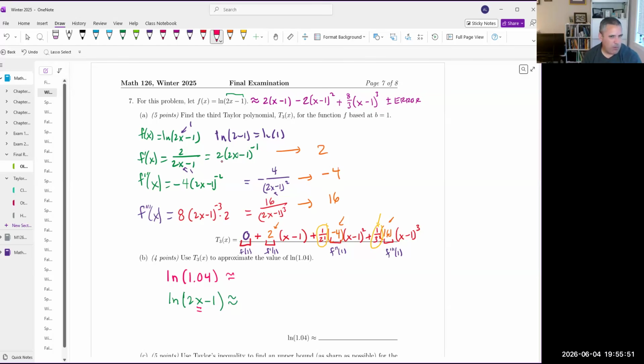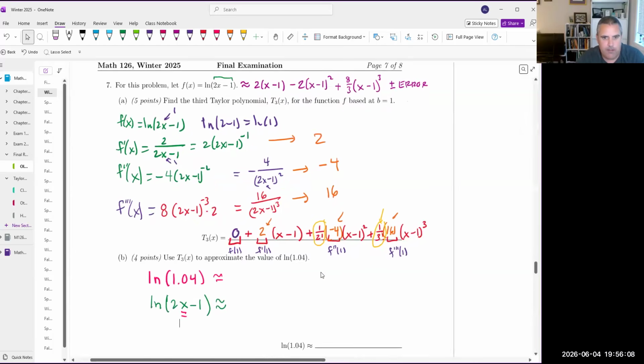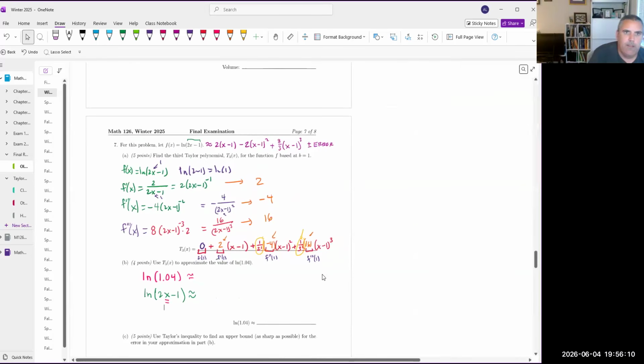I don't know that I was teaching that quarter, but I've seen exams like this where the student misinterprets the question as I need to plug in 1.04. And then I take off a point and then I grade based off of that. So if you do this part wrong, there would be some credit because it affects part C as well.